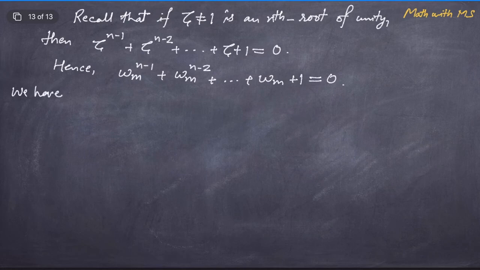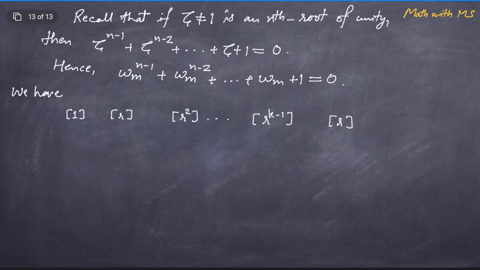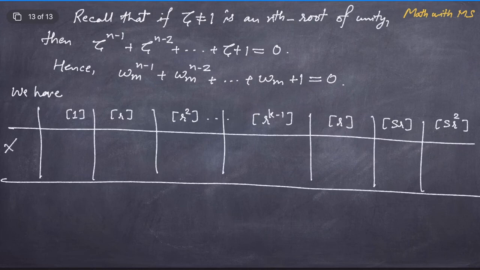So we have the conjugacy class of the identity element, then conjugacy class of the element r, conjugacy class of the element r square, and so on, conjugacy class of the element r to the power k minus 1, and then conjugacy class of the element r to the power k, conjugacy class of the element sr, and finally conjugacy class of the element sr square. Here we have the character of psi m.